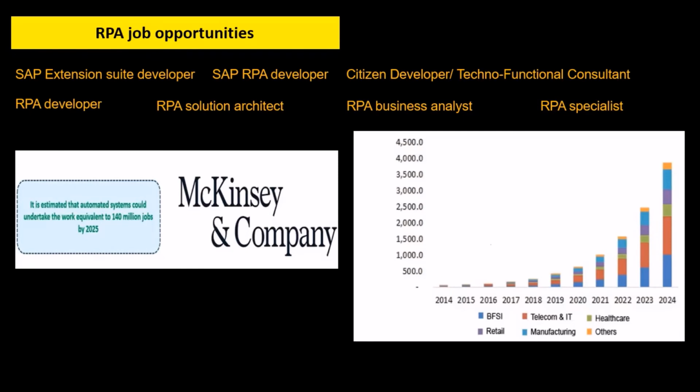From a basis point of view, you can be a cloud administrator, where you can set up your BTP platform. Of course, when you're transforming to the cloud, you have to set up everything right in the cloud. So from a basis point of view, you can become a cloud administrator, where you can set up various accounts, sub accounts, and various processes within your organization, and you can allocate the roles.